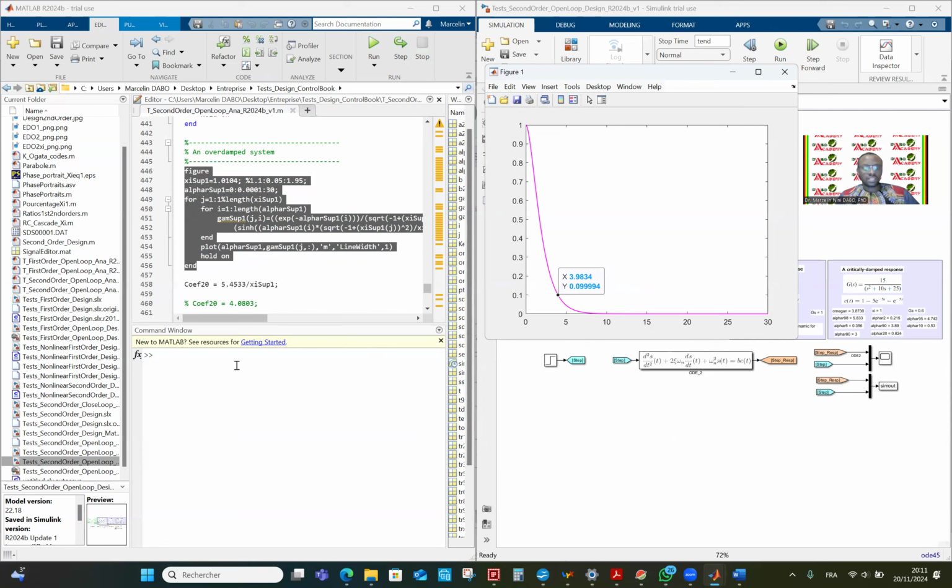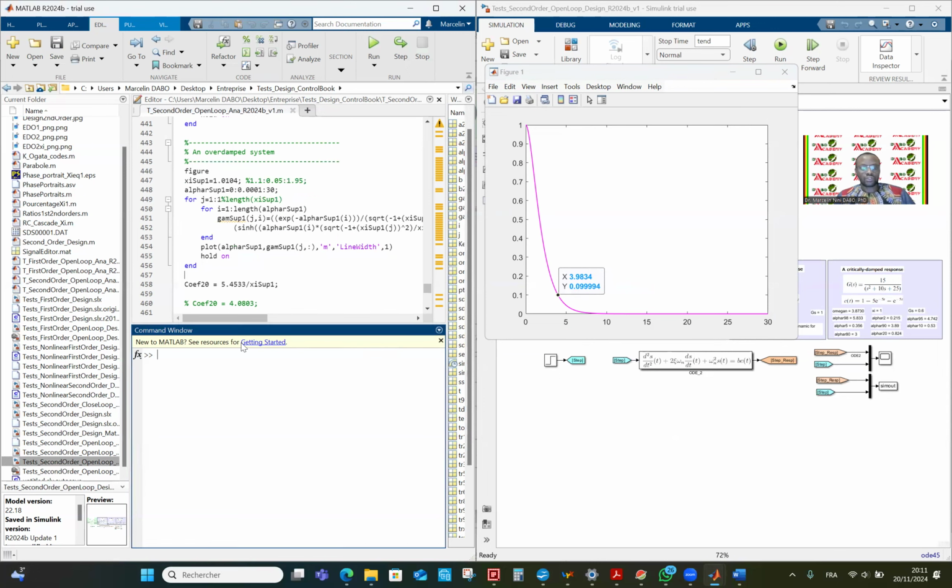Let's say that at 10% of the response of the autonomous system, what we have is a time response at 10 equal to, with the Xi number 3, the omega n number 3, and the alpha that I'm having equal to 3.9834.